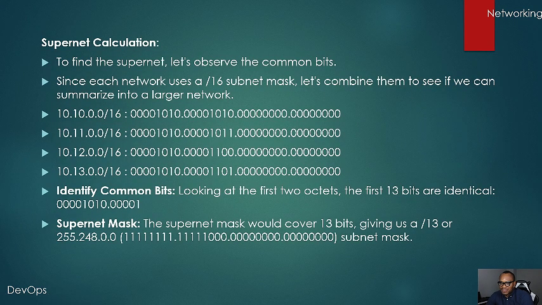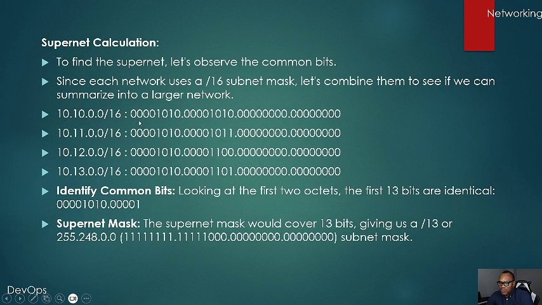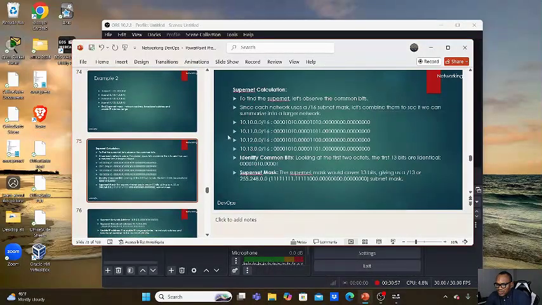So now let's continue with the solution. Let's find the common prefix here. Let's change everything here into binary and find the common prefix. If you look at it, the common prefix is at the fifth bit in the second octet. Let me separate it so that you can see it easily.